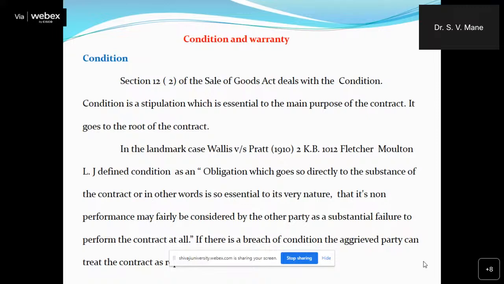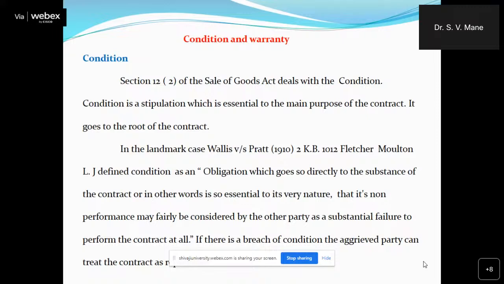In the landmark case Wallis versus Parrott 1910, the definition of a condition is given: the obligation which goes so directly to the substance of the contract, or in other words is so essential to its very nature, that its non-performance may fairly be considered by the other party as a substantial failure to perform the contract at all.